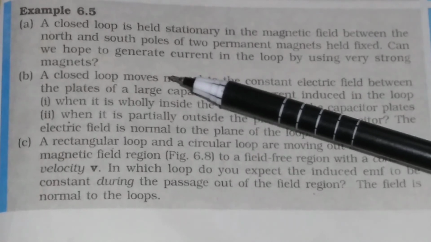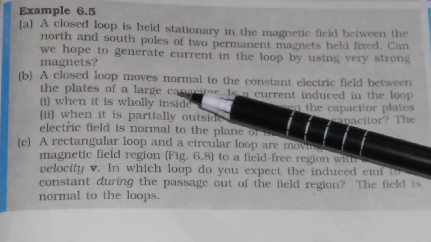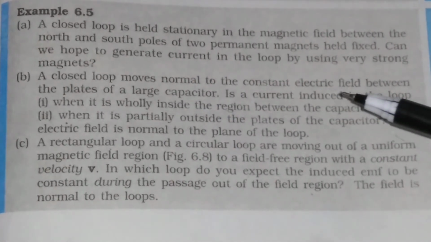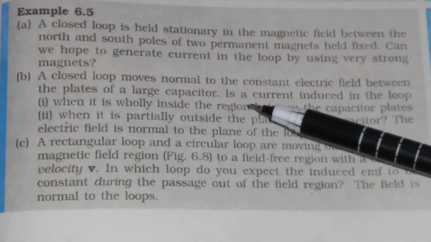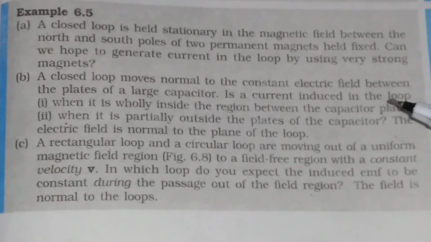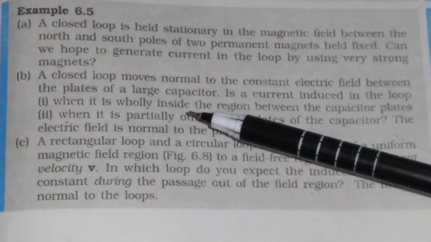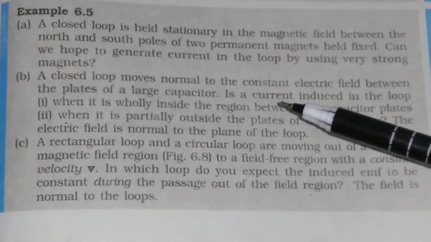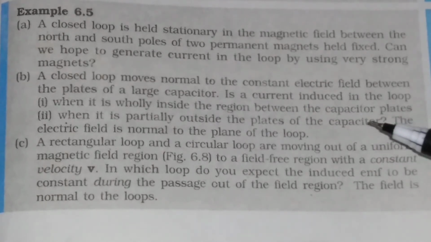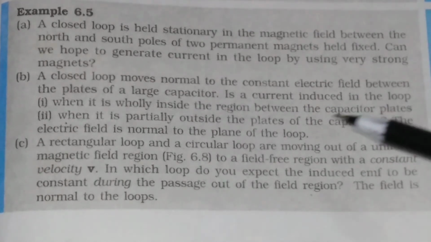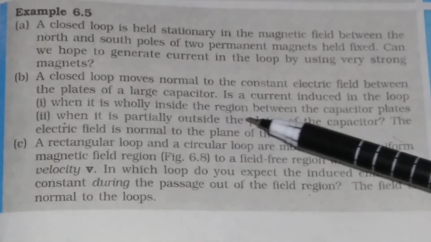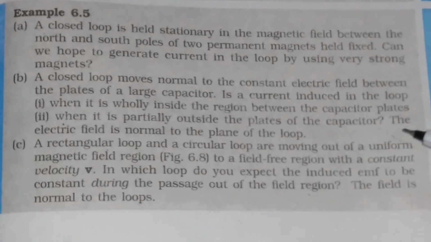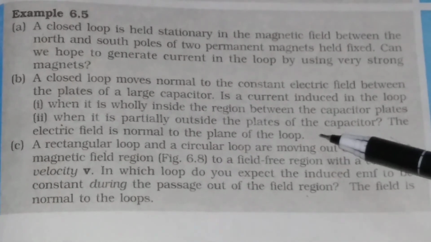Here you have another question. A closed loop moves normal to the constant electric field between the plates of a large capacitor. Is a current induced in the loop when it is wholly inside the region between the capacitor plates? And the second question is, when it is partially outside the plates of the capacitor? The electric field is normal to the plane of the loop.